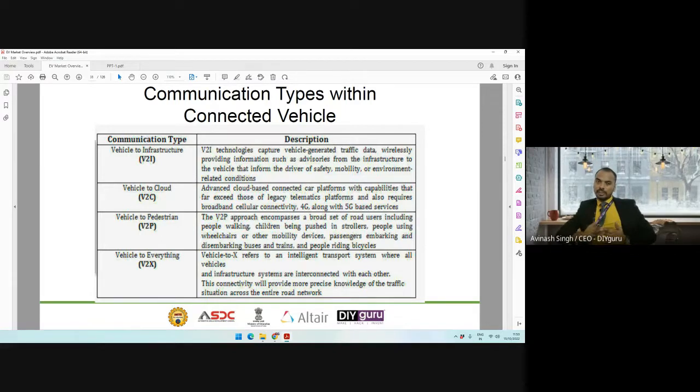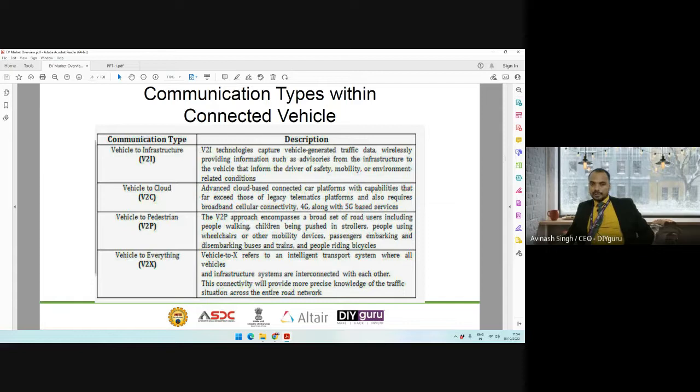Your vehicle can use sensors to find out that okay, within this 100 meter of range, what is the number of, what is the pattern of people who are walking on the road, or are there any person who is passing the road and all that, so that in real time this information can be shared with other vehicles, right?